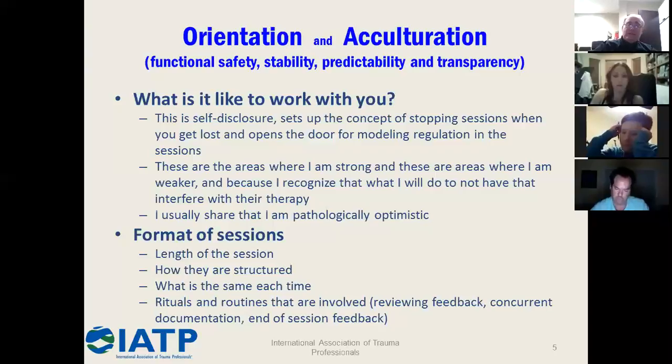So if I was doing this for a session that I was doing, because it's generally family sessions, I would talk about how the session's usually 90 minutes. And what we're going to start with each and every time we meet is a review of the feedback from the session before. And I will have gone through it before you come in, and we'll go through it together.